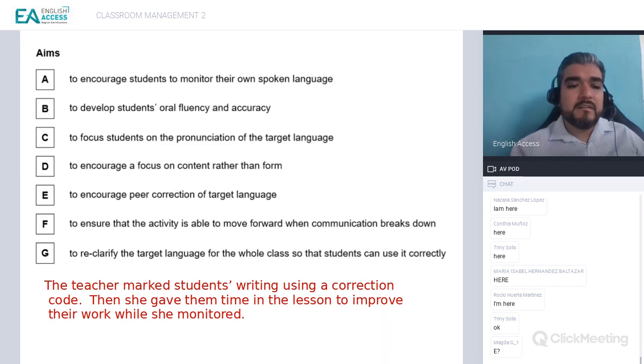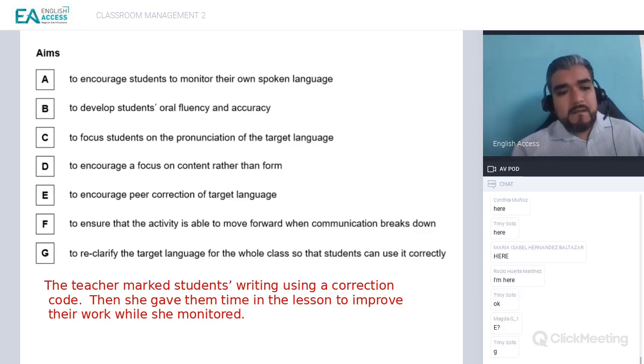Magda says E, to encourage peer correction target language. Trini says G, to re-clarify the target language for the whole class so the students can use it correctly.